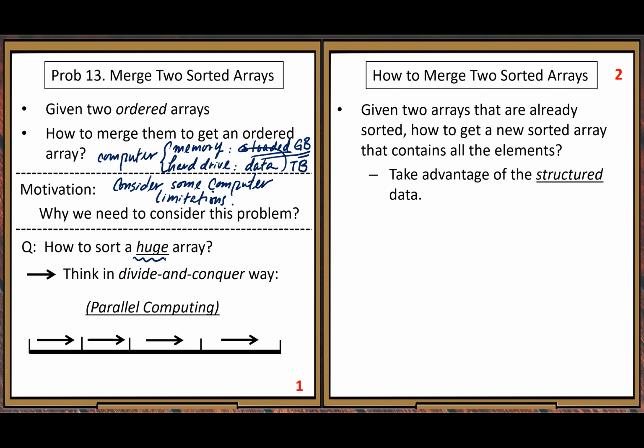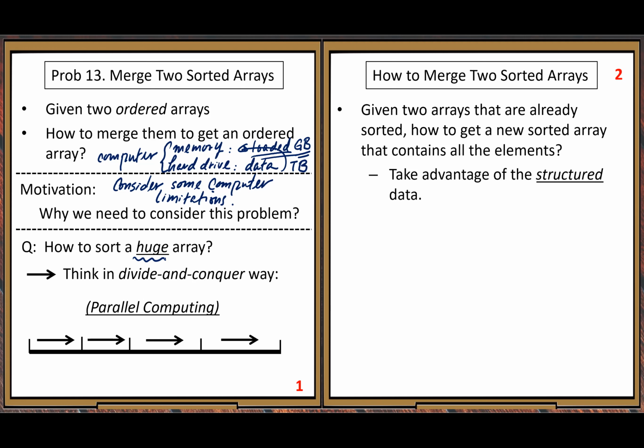Here, when we do the merge, we should not run any sorting algorithm on the data another time, because in that way, we do not take advantage of the structured data.